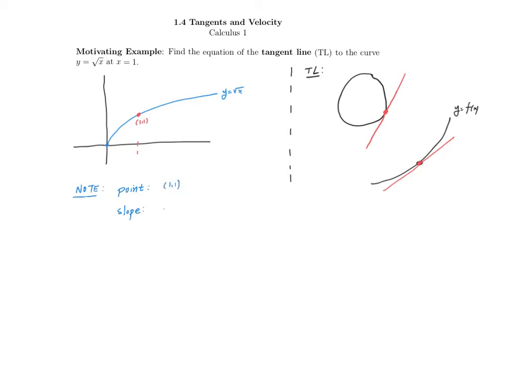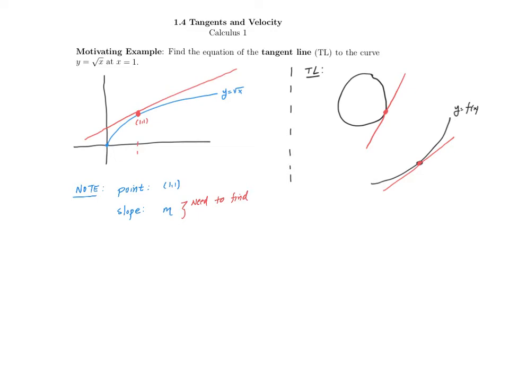What we need to find is the slope of the tangent line. Let me go ahead and draw that tangent line in there. So roughly speaking, we have a line that looks something like this.